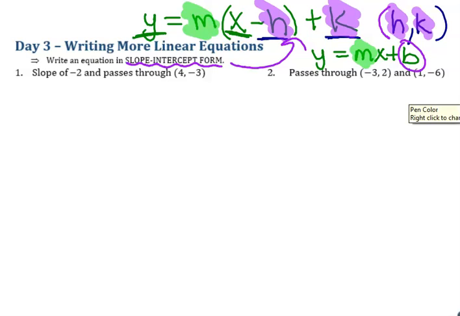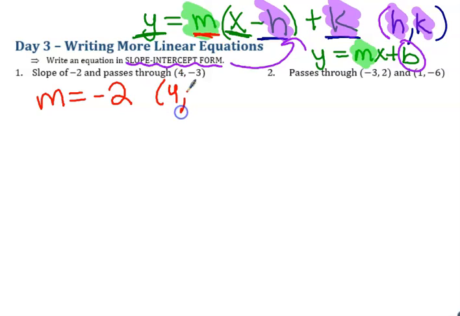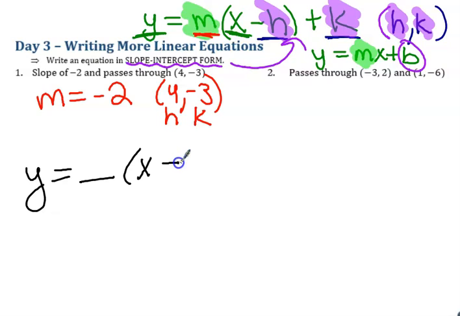All right, the slope is -2. So M equals -2. Bam, we already have this. And what it passes through is 4, -3. So I'm going to label 4, -3 HK. All right, so I'm going to write down my HK form. So Y equals something times X minus something plus something.